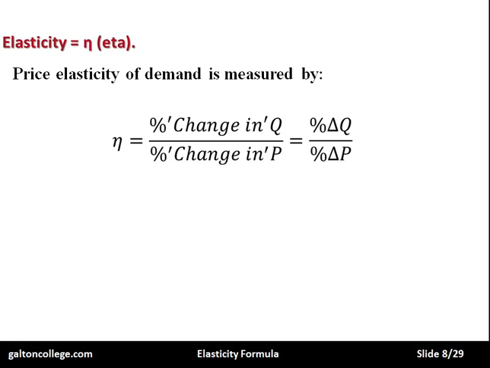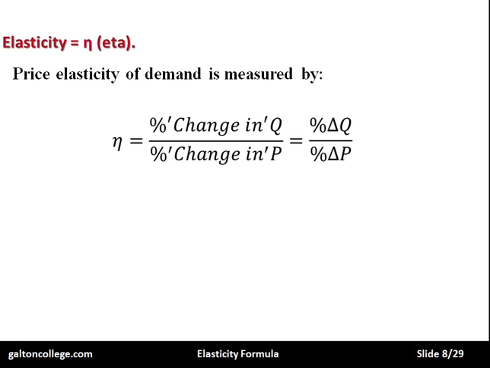We say that elasticity eta is equal to the percentage change in quantity, and I put change in quantity in a single quotation mark here. So it's the percentage change in quantity divided by the percentage change in price. That's all it is.